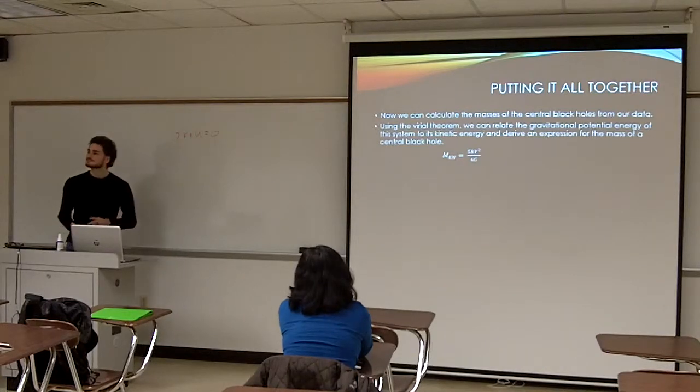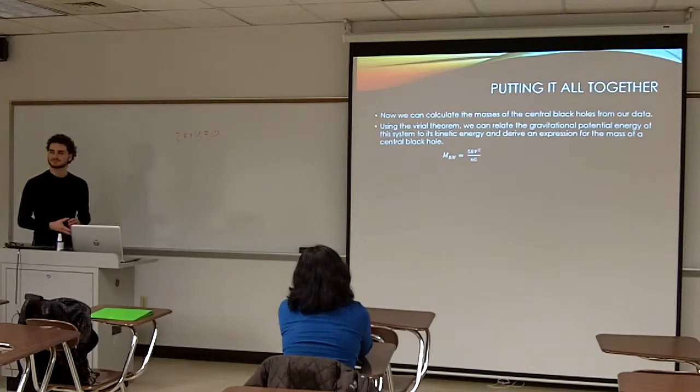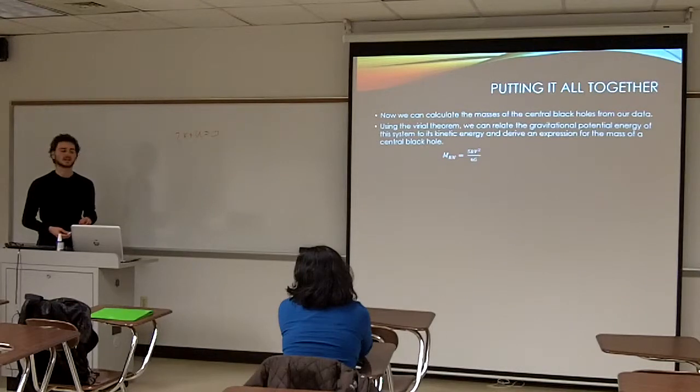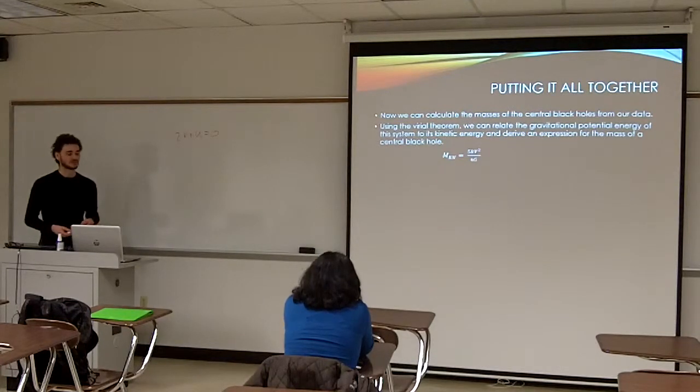So I think the assumption you've implicitly made there is that the thing that contains the black hole is a uniform sphere, which is very much not always the case.